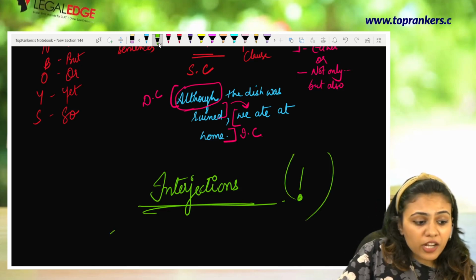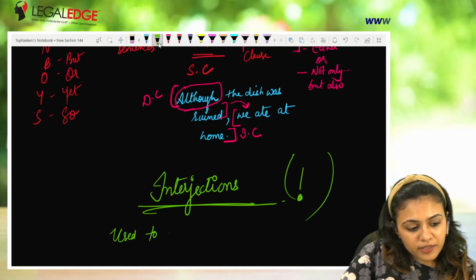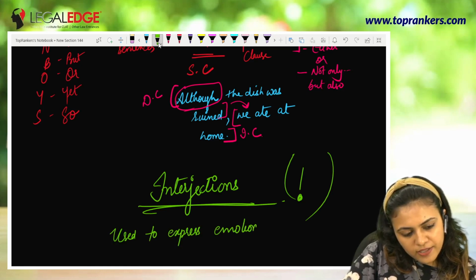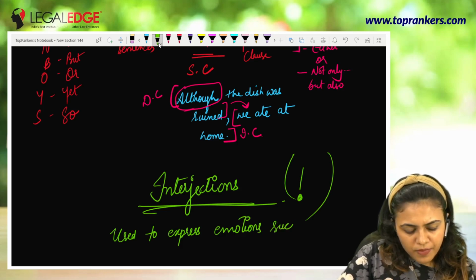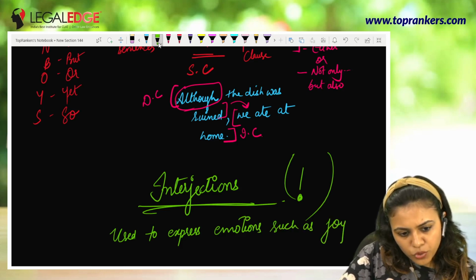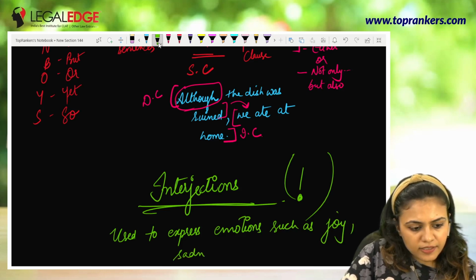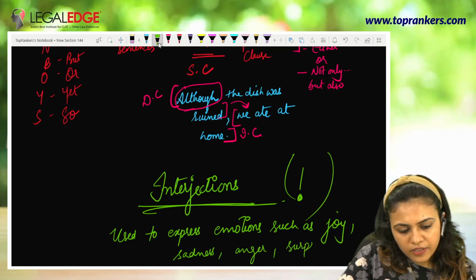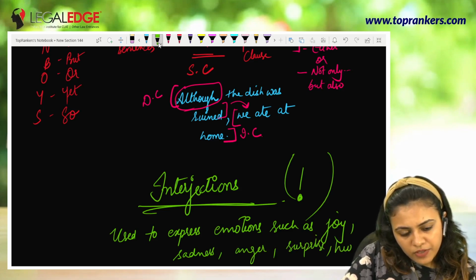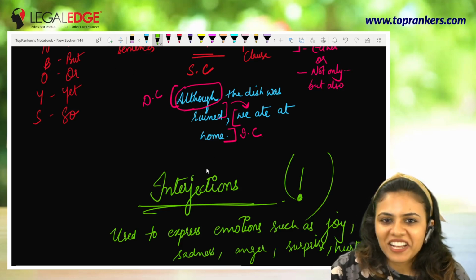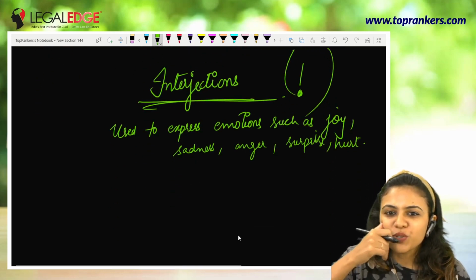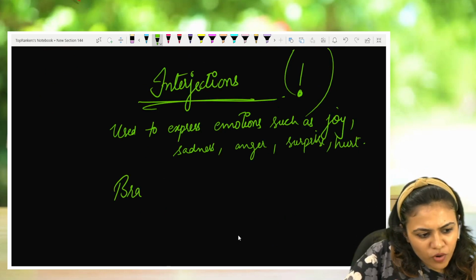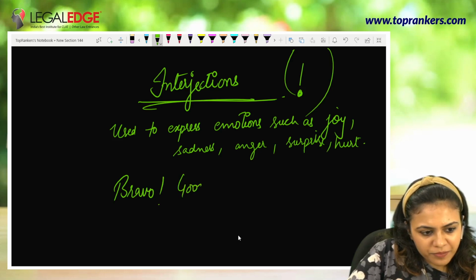And interjections are used to express emotions such as happiness, such as joy, sadness, anger, surprise, hurt. तो बचपन में हम लोगों ने एक एक्सरसाइज की थी जिसमें द टीचर्स यूज्ड टू यूज वर्ड्स सच एज ब्रावो और हुर्रे. याद है? ब्रावो, गुड गेम.